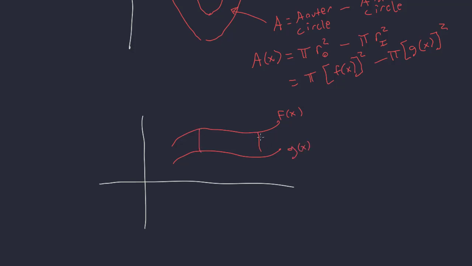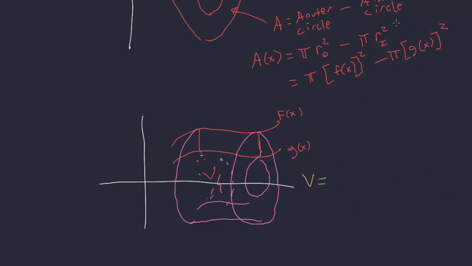The volume created by revolving this region around the x-axis, oops, is given by, if we simplify this, we can factor out the pi. It'll be pi times the integral from a to b of f of x squared minus g of x squared.